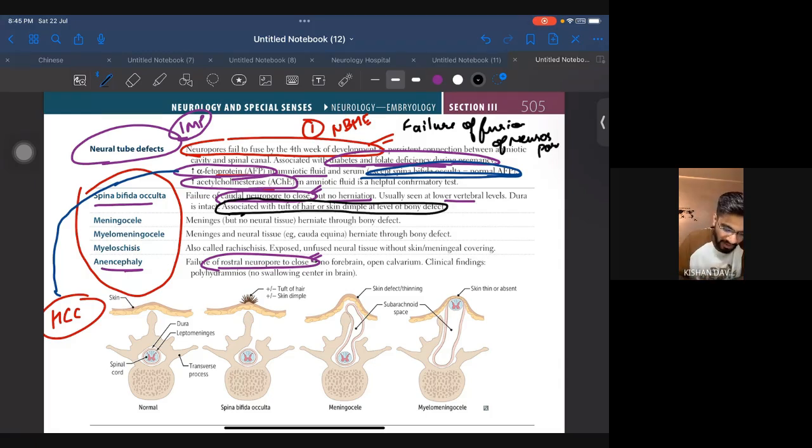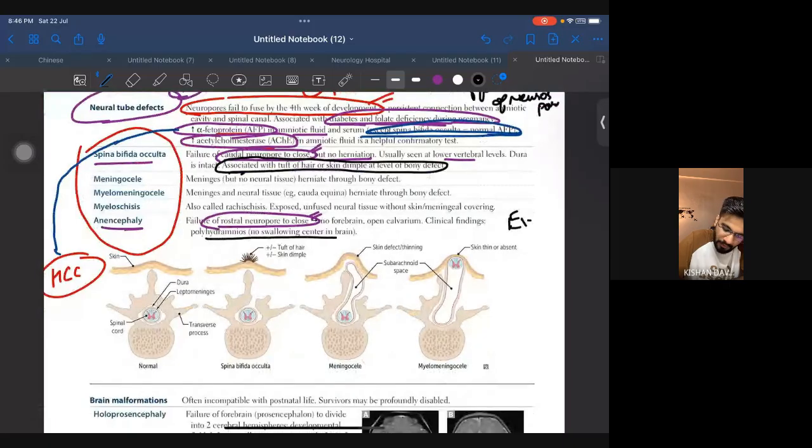Coming to anencephaly, no forebrain, open calvarium. Clinical finding: polyhydramnios. So in the exam they will show you an image of dead fetal tissue. You can see a dead baby also, but there will be no closing on the skull.